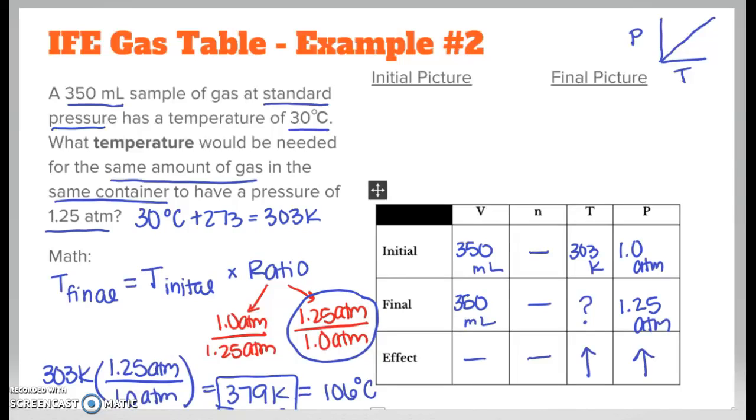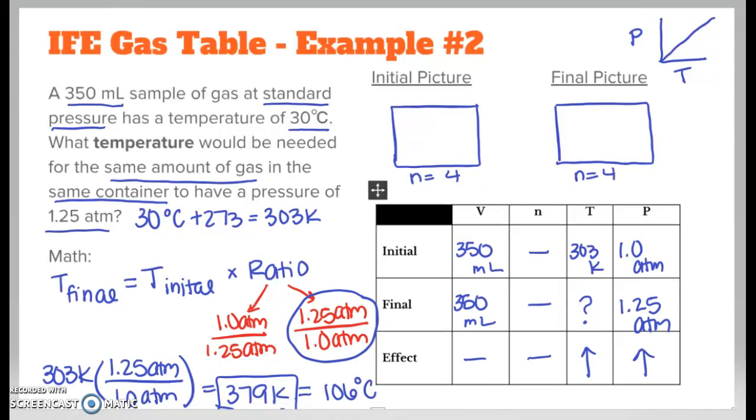The last thing we want to do is draw a particle picture. In our particle picture, we know that we want to have two boxes that are the same size to represent equal volumes. And we also want to have the same number of particles in each box. So I'm going to draw 4 particles in each box.